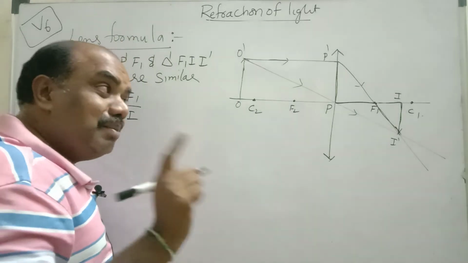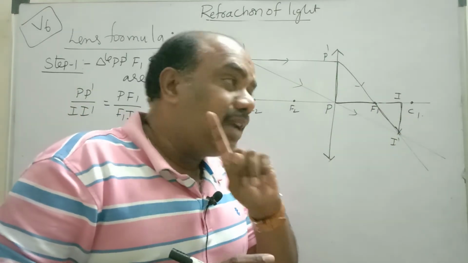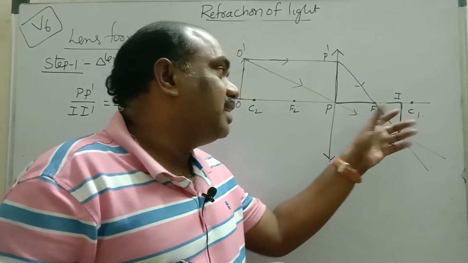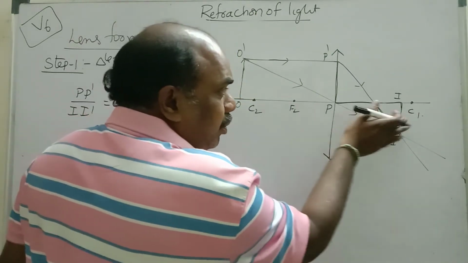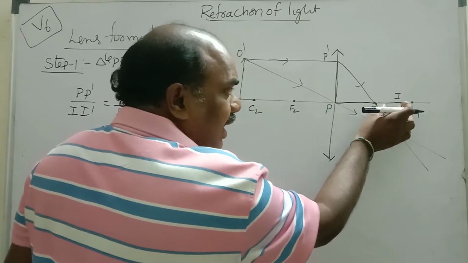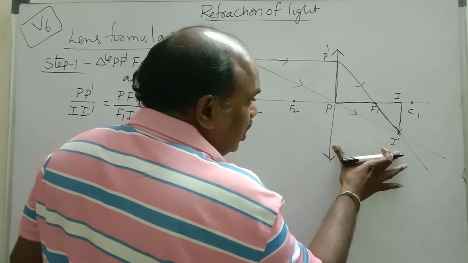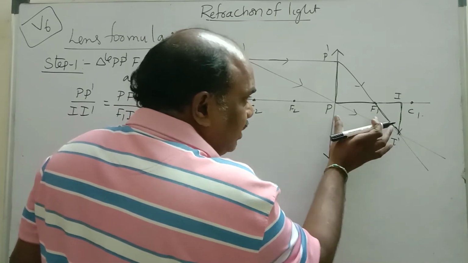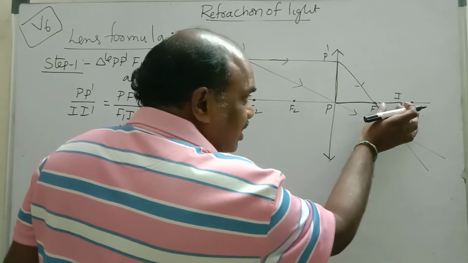But remember children, as you know, distance we cannot measure from the middle of the lens. All distances must be measured from the pole. We can measure from pole, not from focus 1 to I. F to I we cannot measure. So what I am doing, this total distance I am finding and I am subtracting this length. Total distance minus this length gives this length now.